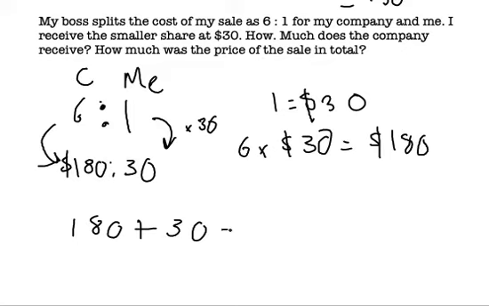Okay, so my sale, let's add them, so 180 plus 30, my sale cost $210, yeah? So for the $210, I earned $30, and the company earned $180. Alright, yeah, that's how we use ratios. So try find some questions and good luck.